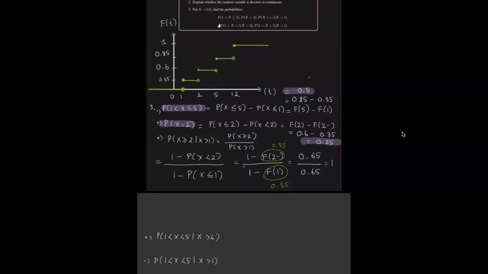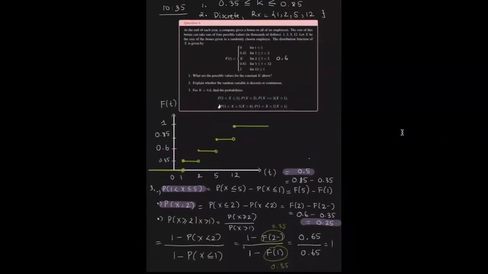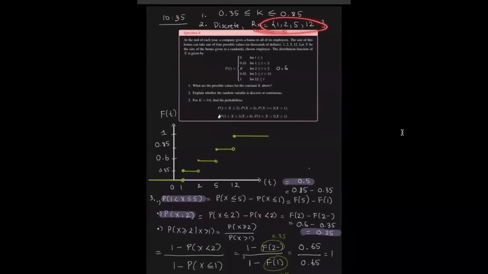So this actually makes sense because if we know a discrete random variable x is greater than 1, then what is the probability that x is at least 2? Then that should be 1, because we know for sure that if x is more than 1, it has to be at least 2. It cannot be anything in between because x is discrete and the range of x is given by this.